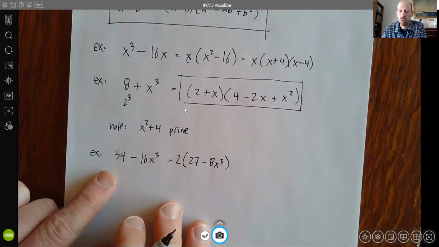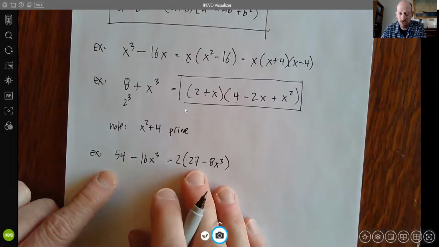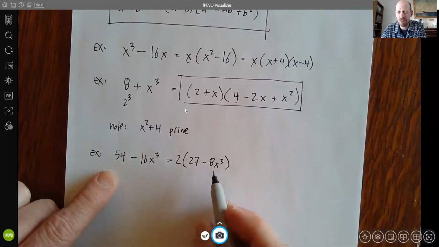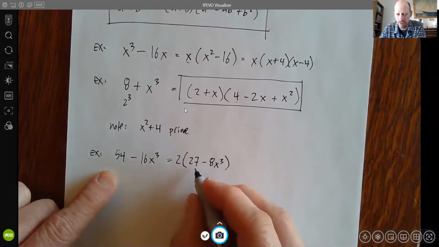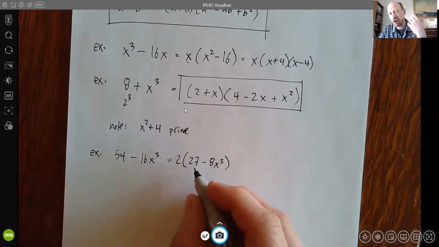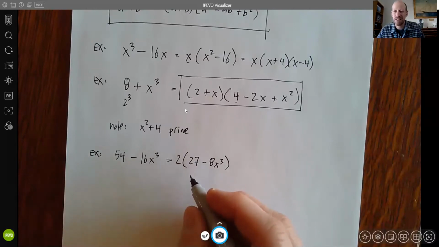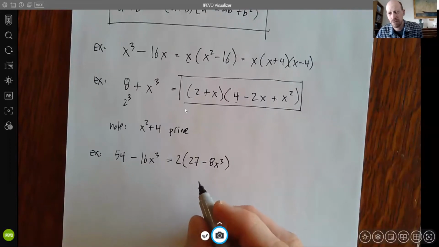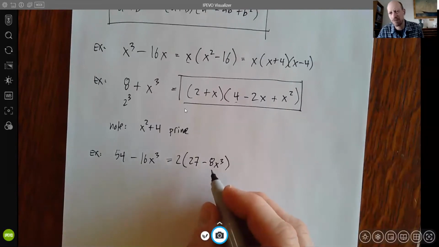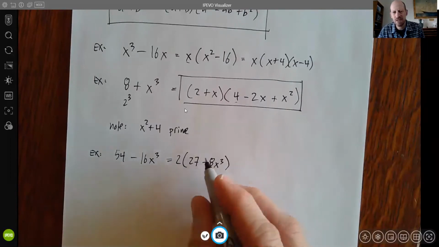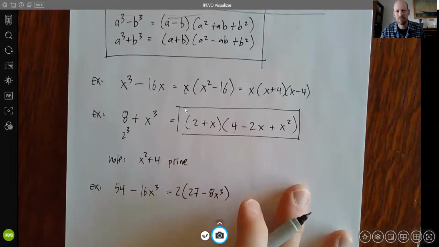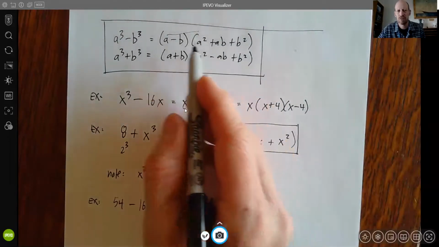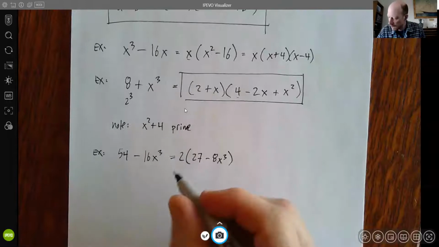Not hard to do, but once you do it, it really does clear up a little bit of what the problem is. So now 27, I know, and you guys will recognize that's 3 cubed, 3 times 3 times 3, and 8 is 2 times 2 times 2. So this right now is well on its way towards this difference of cubes.